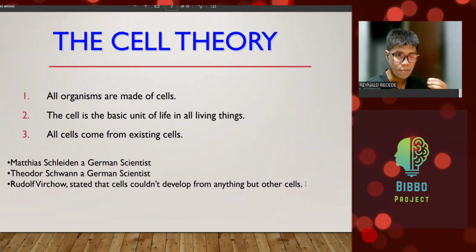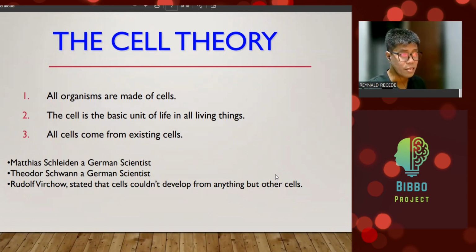So, it means plants, animals including us, your dog, your cat, even the rat in your area, and the elephants and the giraffe in the zoo, they are all made up of cells. And even the microorganisms, the bacteria, the fungi, and also the protists are made up of cells.